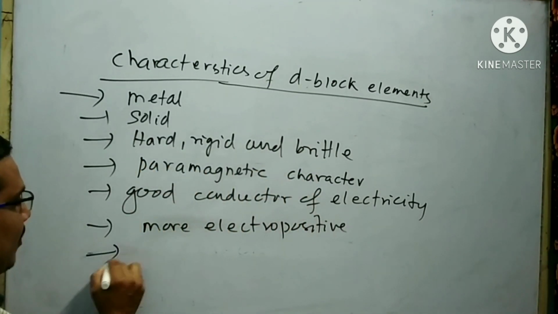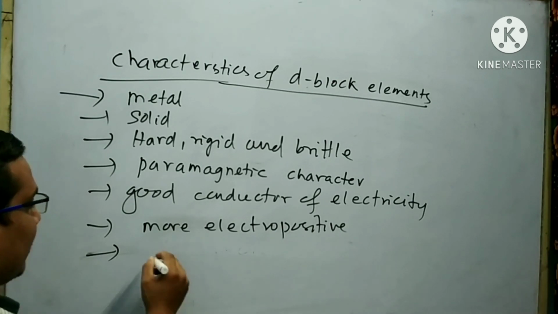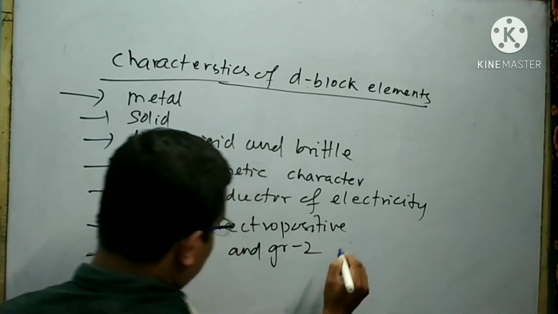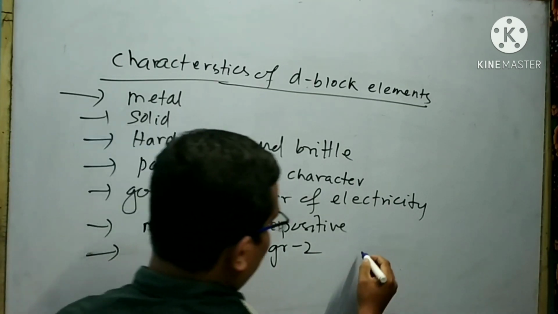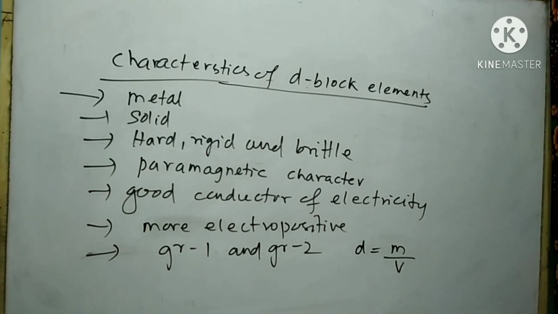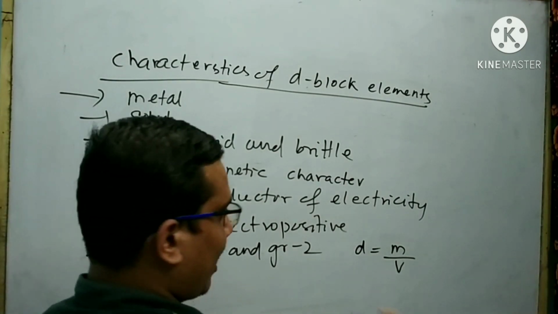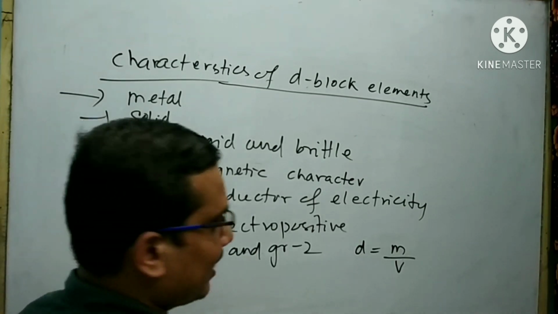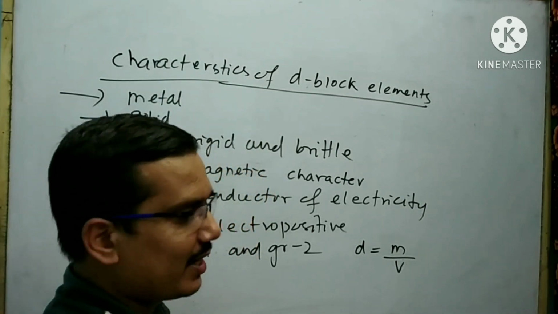The density of D block elements is higher than the density of group 1 and group 2 elements. Because we know that density is equal to mass by volume, and from left to right of a periodic table, the atomic radii goes on decreasing. If the atomic radii decrease, obviously the atomic volume decreases.